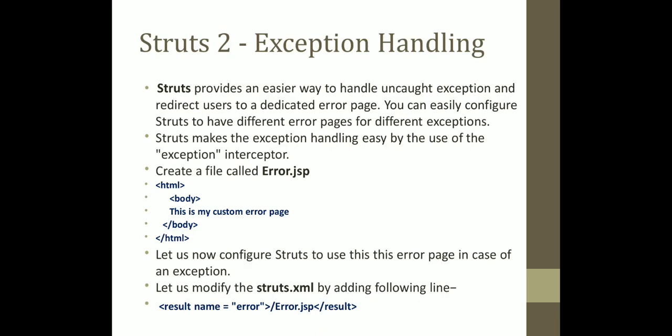We will just handle the exception if there is any, and we have to create a simple JSP file that will consider the errors that can be raised through a program of Struts2.